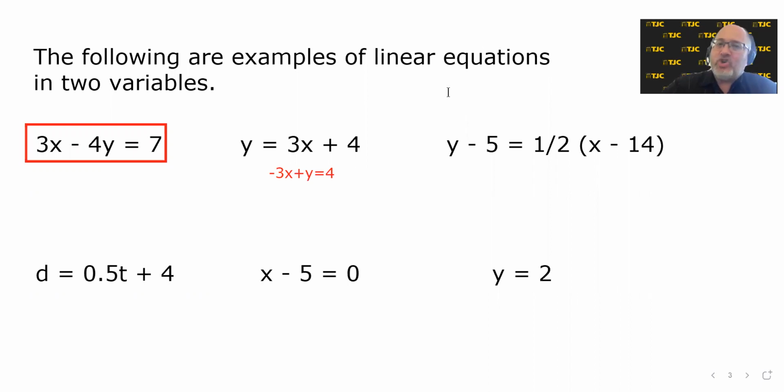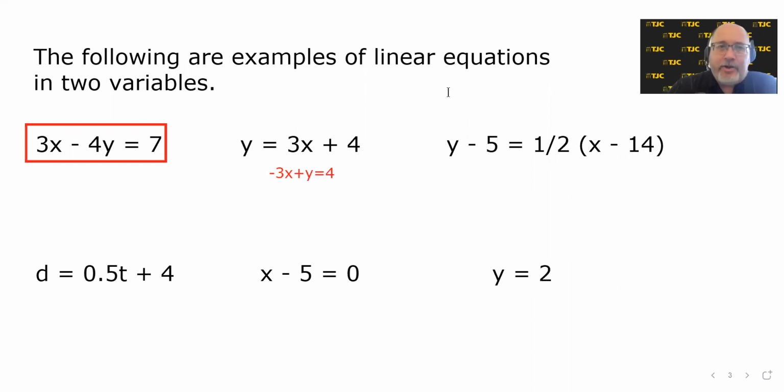And that means the original equation is equivalent to the one in red, which means the original equation is a linear equation. The next one's a little bit stealthier, but the dead giveaway is that none of the variables are being multiplied by other variables, and there are no powers. Well, the implied power is 1.